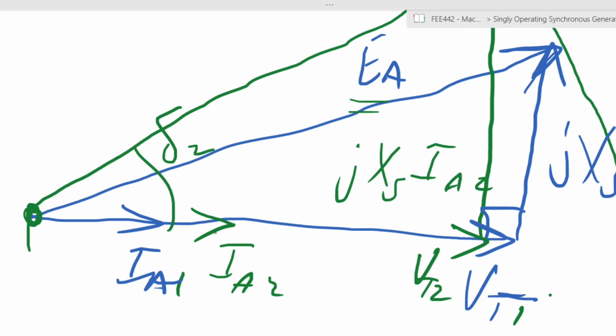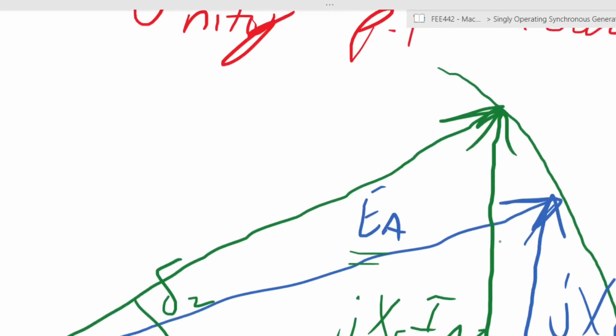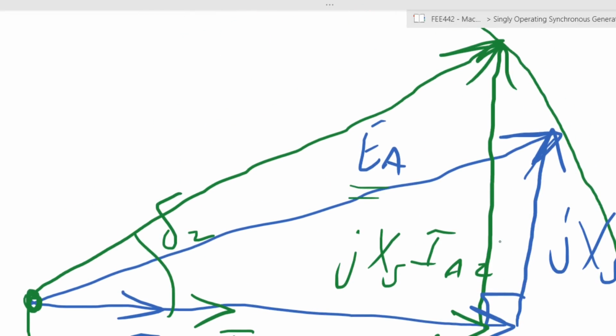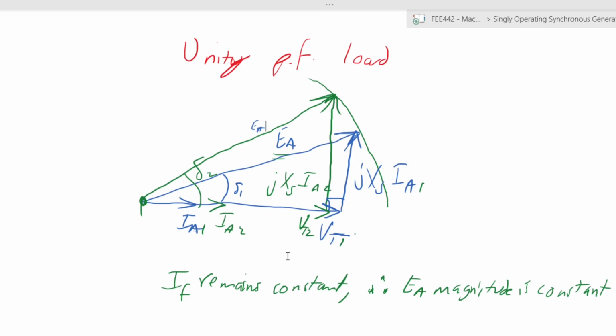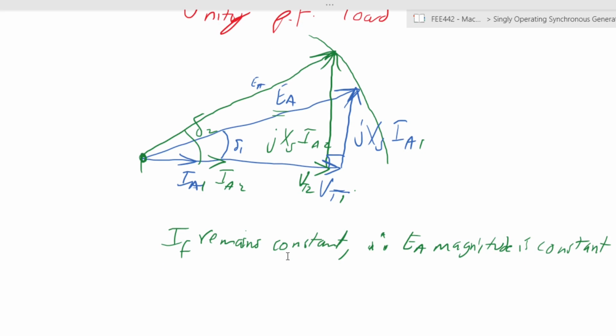A big change in IA produces a smaller change in the value of terminal voltage when you have a unity power factor. The reason for that is these angles, like delta here, this delta tends to be a very small angle. So your EA, we've exaggerated it here, but it will tend to be nearer to the bottom over here, right? So a significant change in IA, the armature current within a unity power factor scenario, causes a limited change in the value of VT.